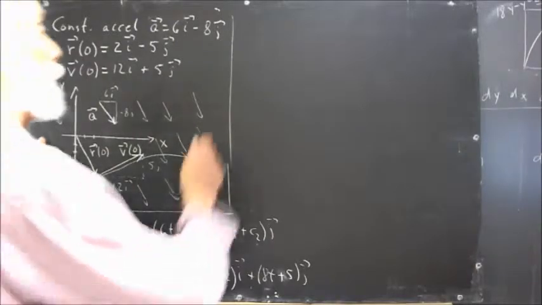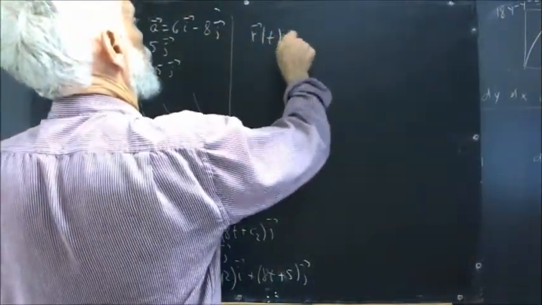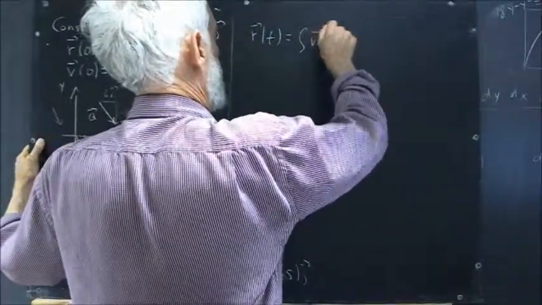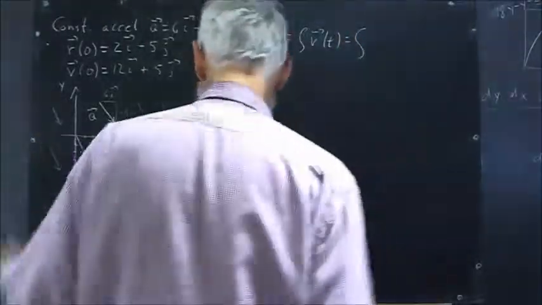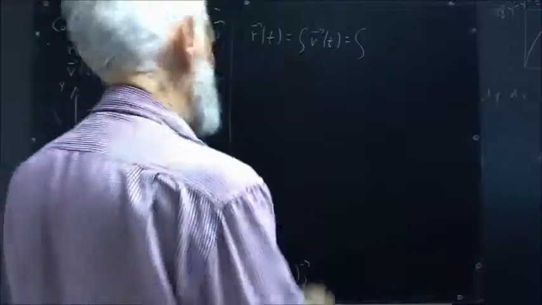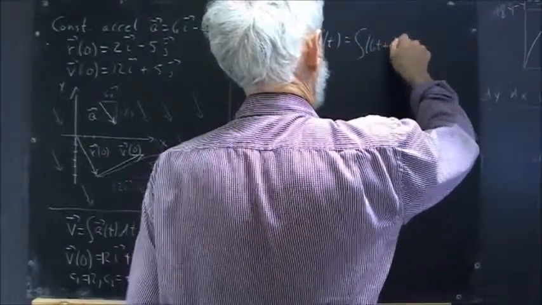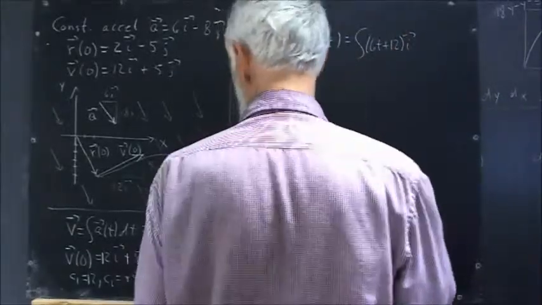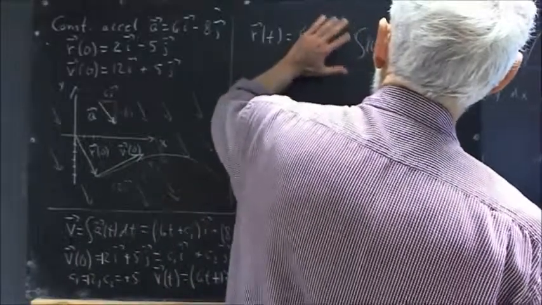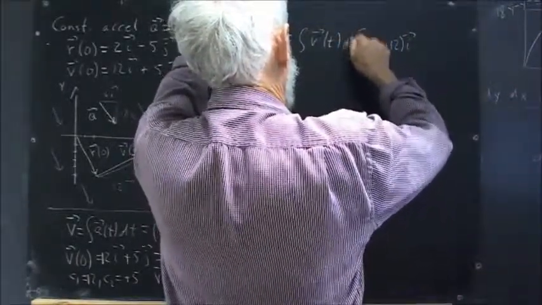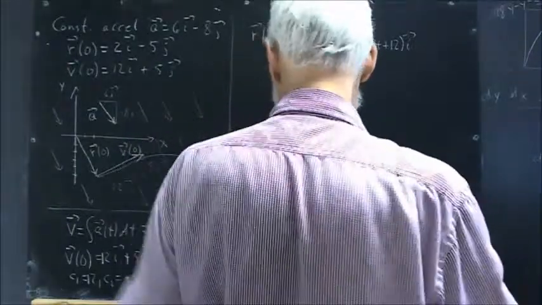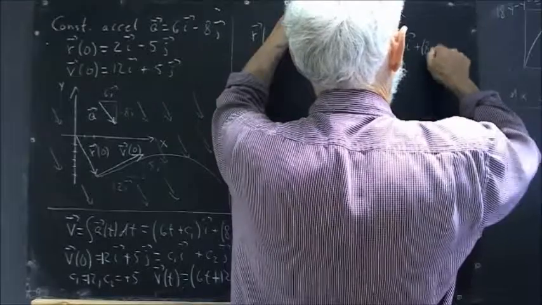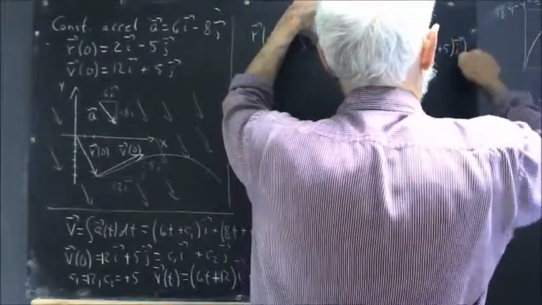Okay, now R of t is the integral of your V of t function, which is the integral of 6t plus 12 i. I really need to write that dt. And then plus 5j, and there's our dt.